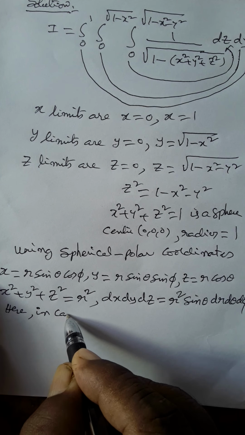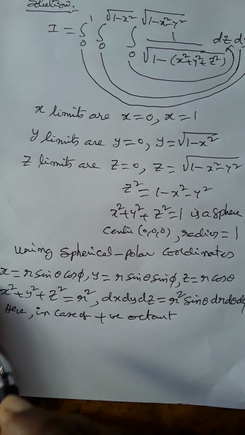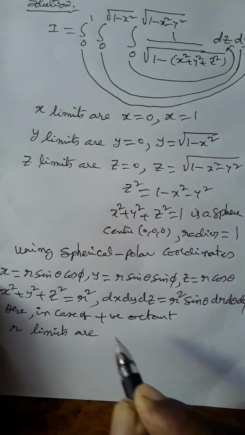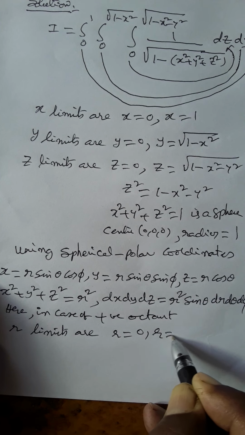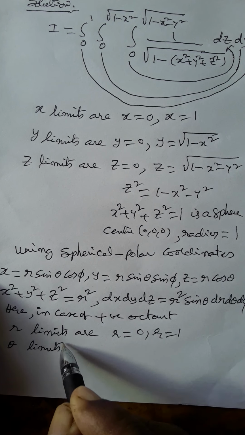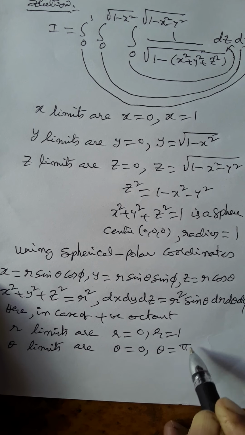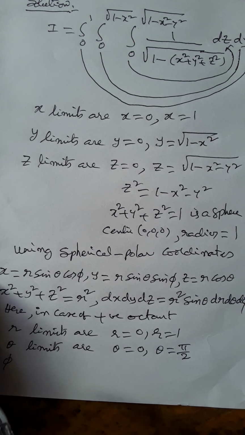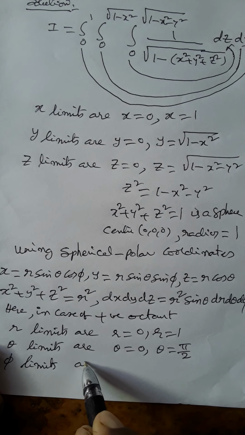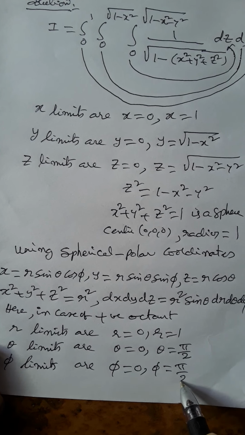In case of positive octant, the limits are r is equal to 0, r is equal to radius 1, theta limits, theta is equal to 0, theta is equal to pi by 2, phi limits, phi is equal to 0, phi is equal to pi by 2.